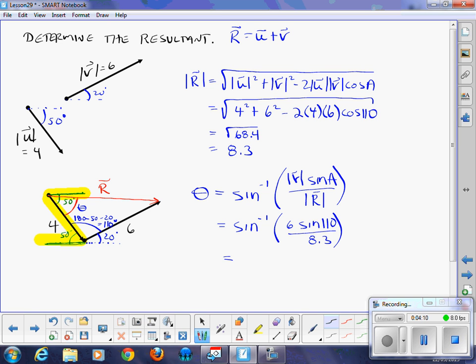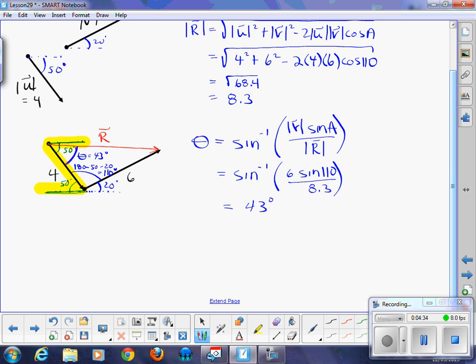Solving that, we will now have an angle to calculate: 6 times sine 110 divided by 8.3, inverse sine, 43 degrees to keep life easy for us. So the angle inside the triangle is 43 degrees.